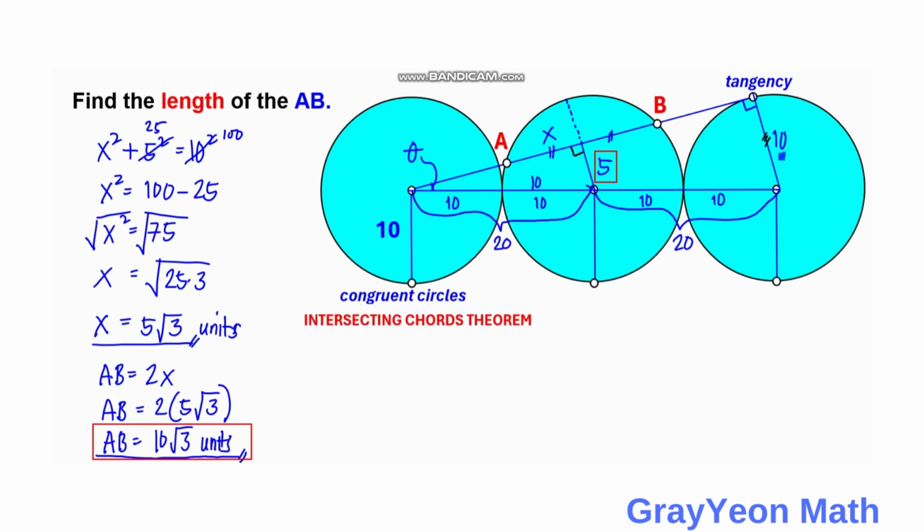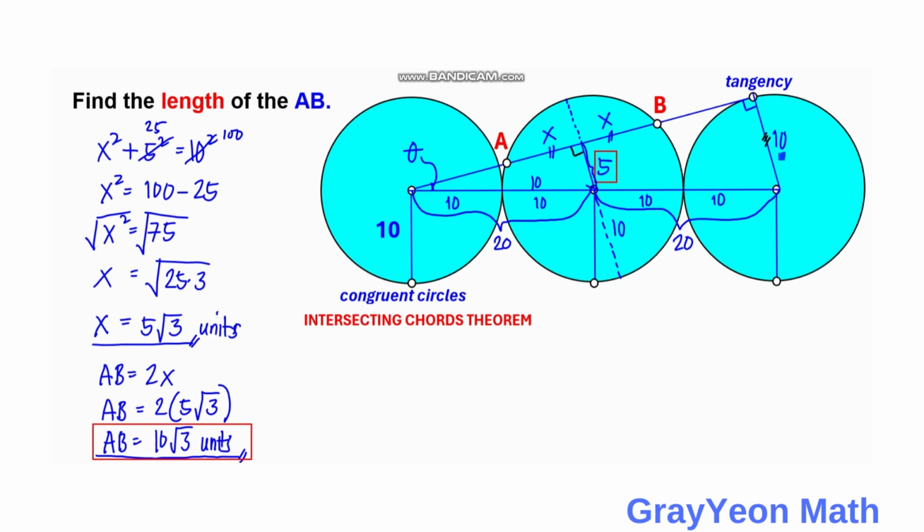Another way is to use the intersecting chords theorem. We just need to continue this 5-unit segment to the other point of this circle, and this is 10. For the next chord, this is x also. Since it is divided into two, we can make the length of each segment x and x.